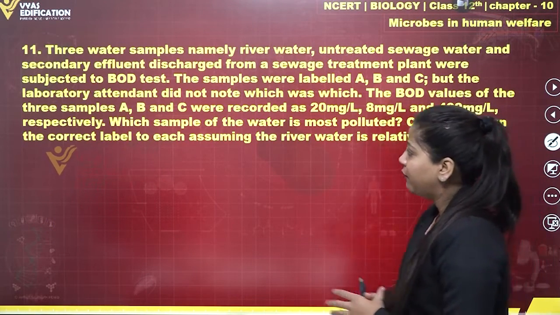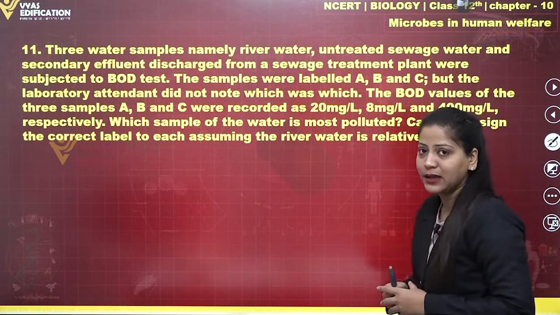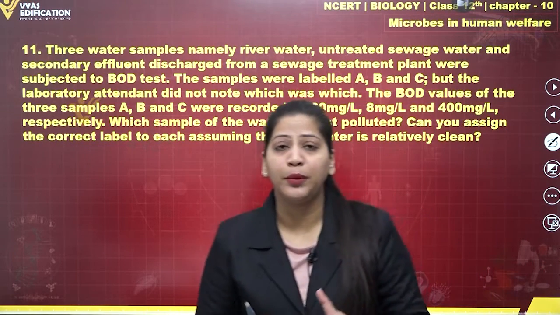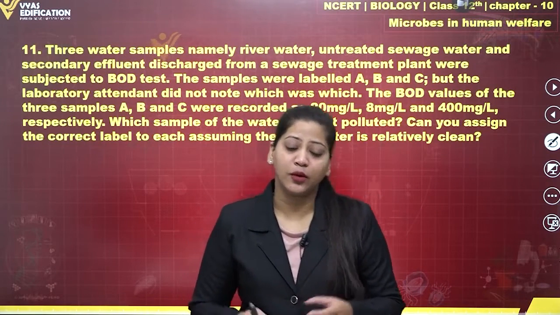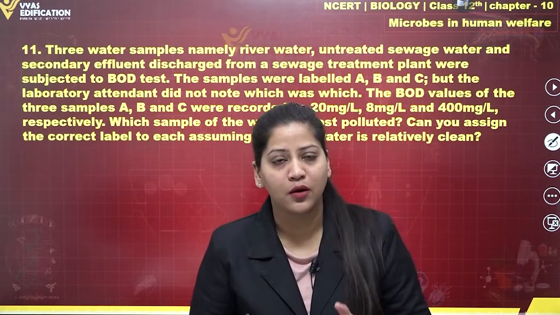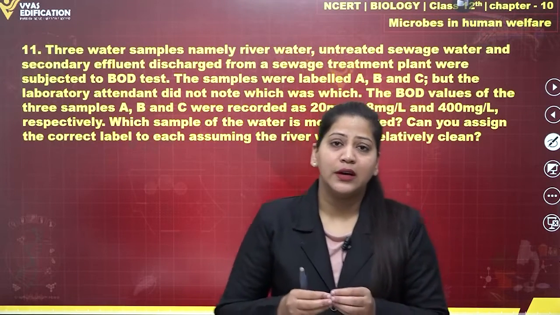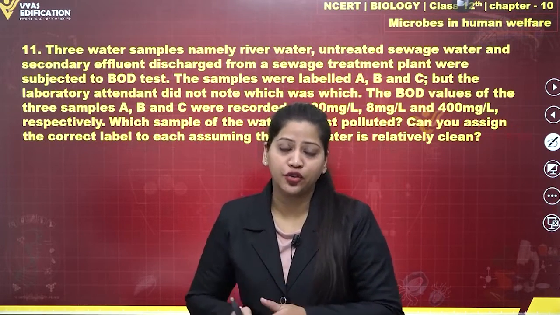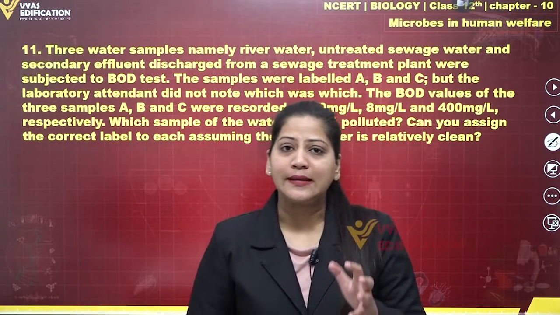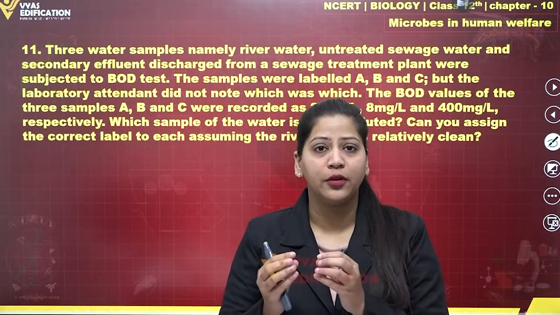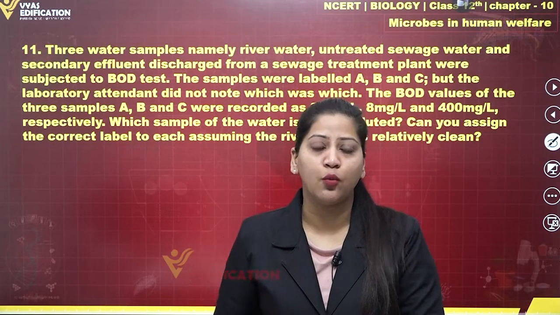We have been given BOD values, and the laboratory attendant was performing a BOD test. What is BOD? BOD is biological oxygen demand, which directly relates to the pollution or organic matter present in the water. So BOD is the direct measure of organic matter present in any water.